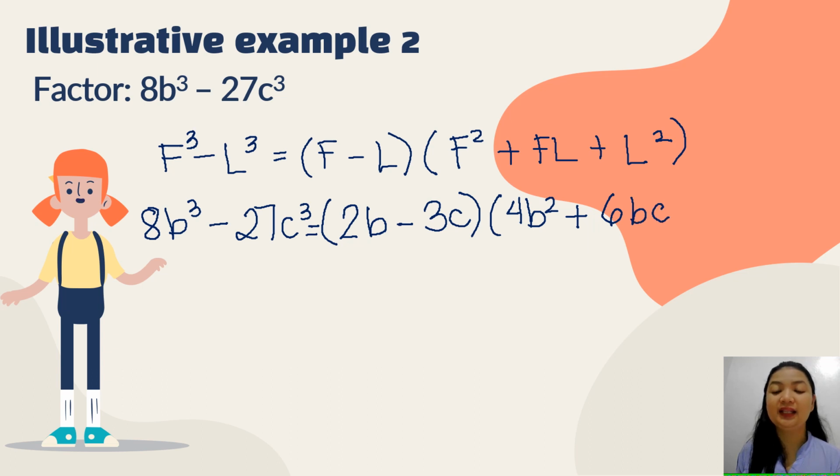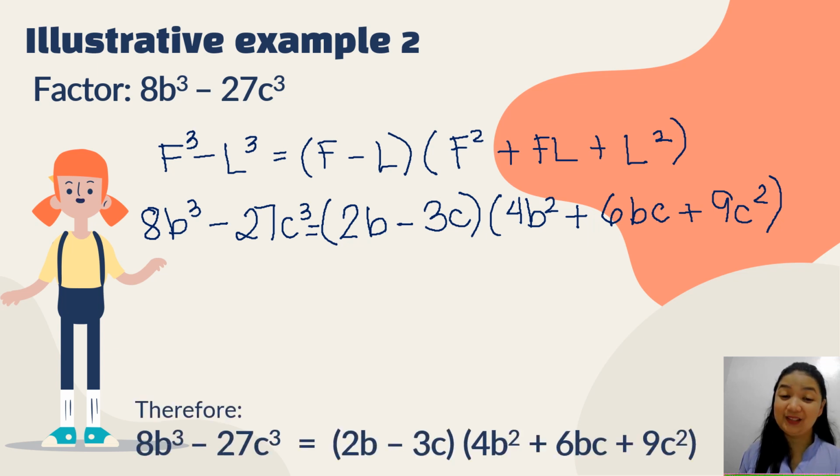We combine the variables. For the last term, we have 3c. So the square of 3c is actually 9c squared. So there you have it. These are the factors of 8b cubed minus 27c cubed. And we got the correct answer once again.